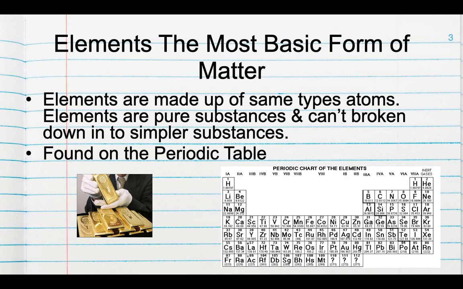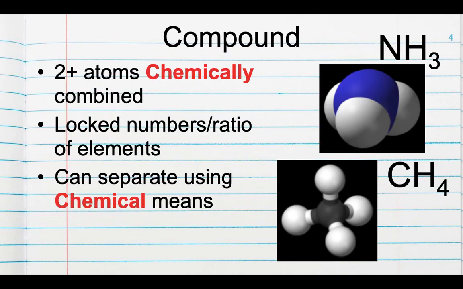With our elements, remember it's the periodic table of elements, not the periodic table of compounds or mixtures. If I can't find it on the periodic table, it's not an element. I can't find water on the periodic table. I can find the particles that make up water, hydrogen and oxygen, but I cannot find actual water listed on the periodic table.